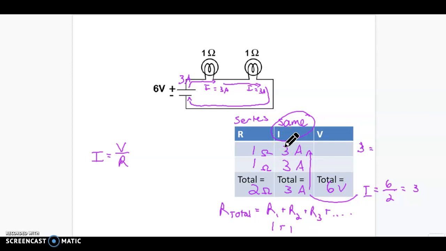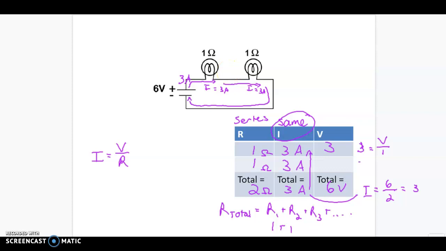So that goes in place of I. I'm going to solve for the voltage, and the resistance for this one is 1 ohm. To solve for voltage, I have to multiply 3 times 1. I get 3 volts. And this is the voltage drop across this light bulb.